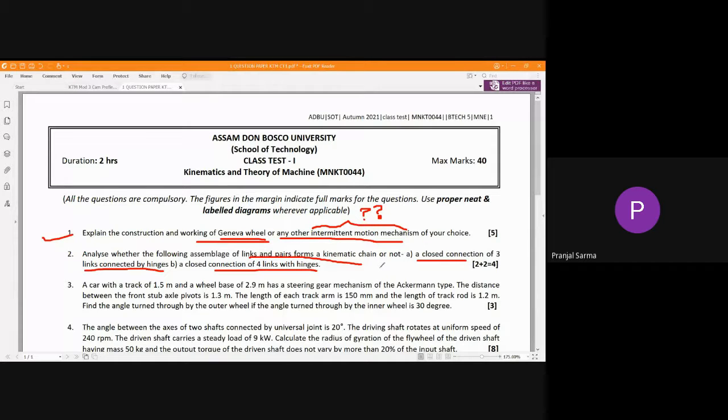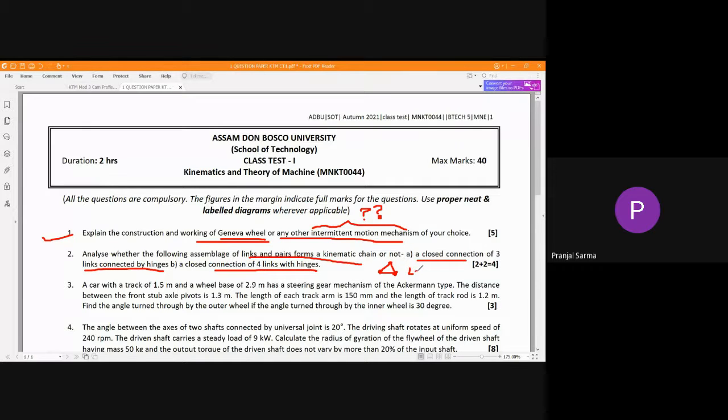So for three links with hinges, we already had two equations for lower pairs, right? What will be L, the number of links, and J, how many joints, how many pairs? Three only.